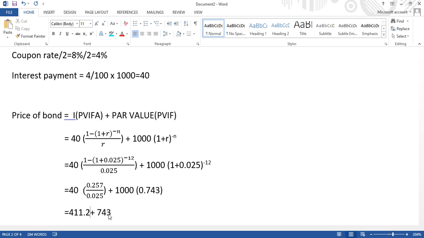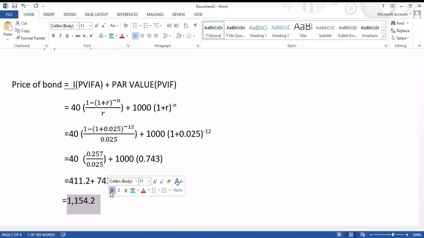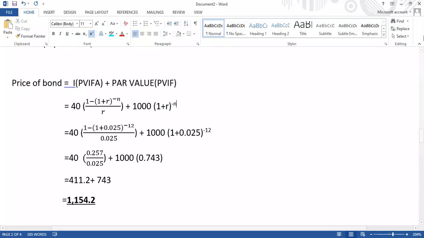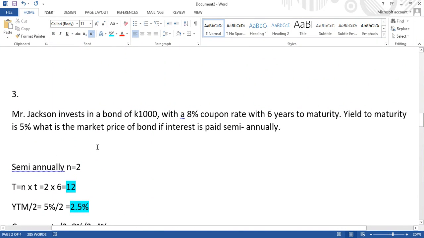And if we add that with 743, 411.2 plus 743, we get 1,154.2. The market price of the bond is 1,154.2. So we can see that the market price of the bond is greater than the face value.